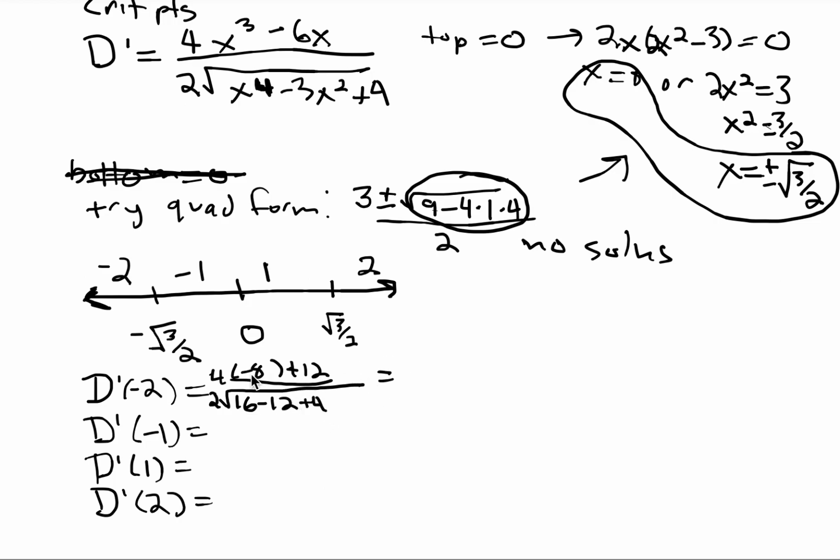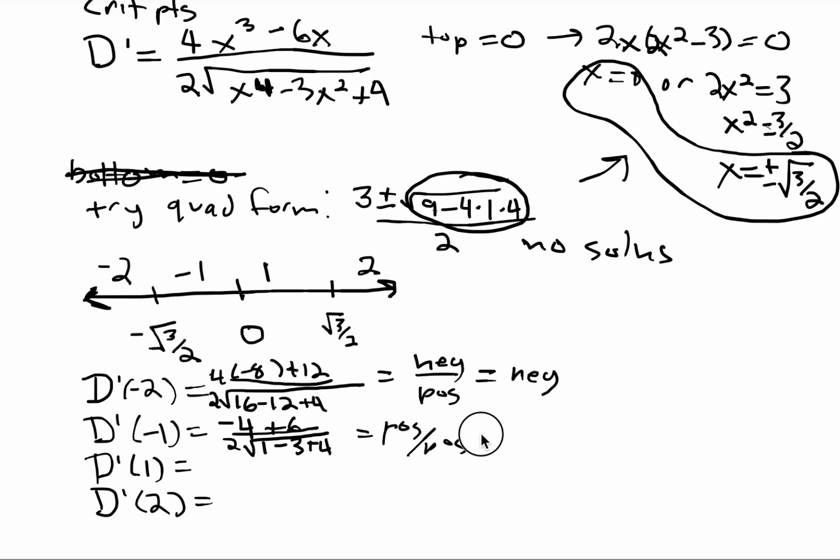At any rate, I've got minus 32 up top plus 12. I've got a negative over a positive, right? So this will boil down to a negative. If I wanted to go and verify some of these others, basically I'll have minus 4 plus 6 up top for this guy. This is over 2 times root 1 minus 3 plus 4 down here. Well, this is a positive over a positive. I'll get a positive value.